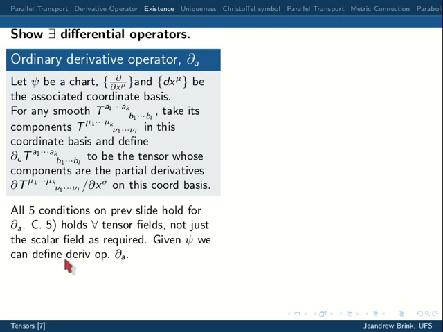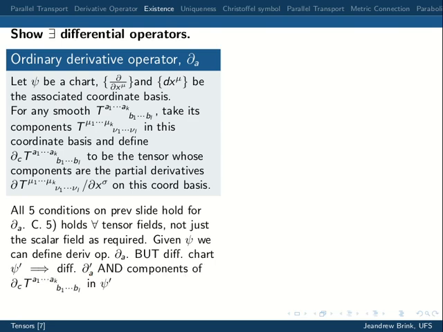Okay, so given psi, we can define a derivative operator. This ordinary derivative operator is basically dependent on the chart you've chosen. But the problem is the moment you have a different chart, you're going to have a different derivative operator. And that we don't want. We want something that doesn't depend on the chart we've chosen.